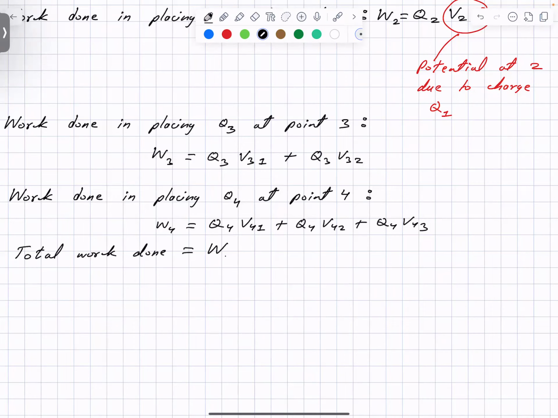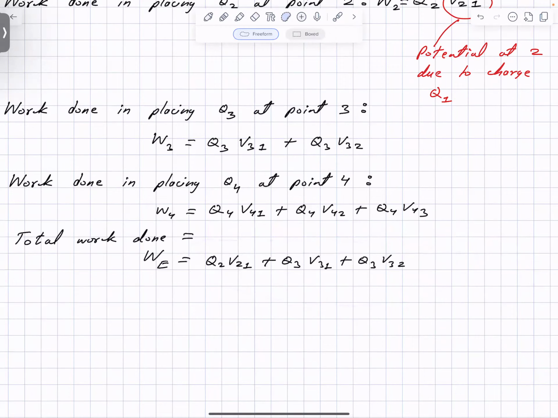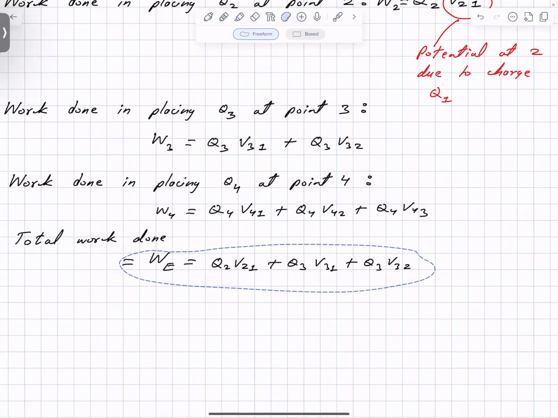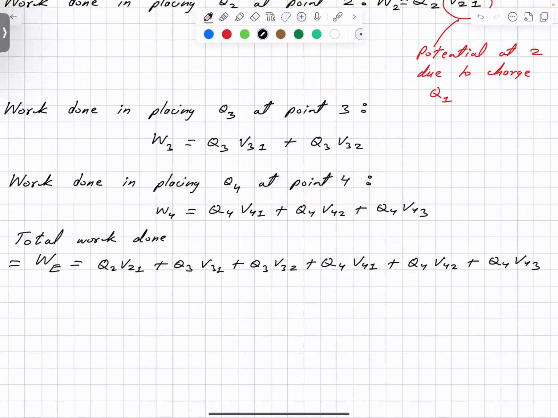We'll call that WE, and that will be equal to the sum of all, which will be Q2 V21 plus Q3 V31 plus Q3 V32 and then all of this. So we are adding them up to find the total energy that we have to spend to bring all the charges to this free space.